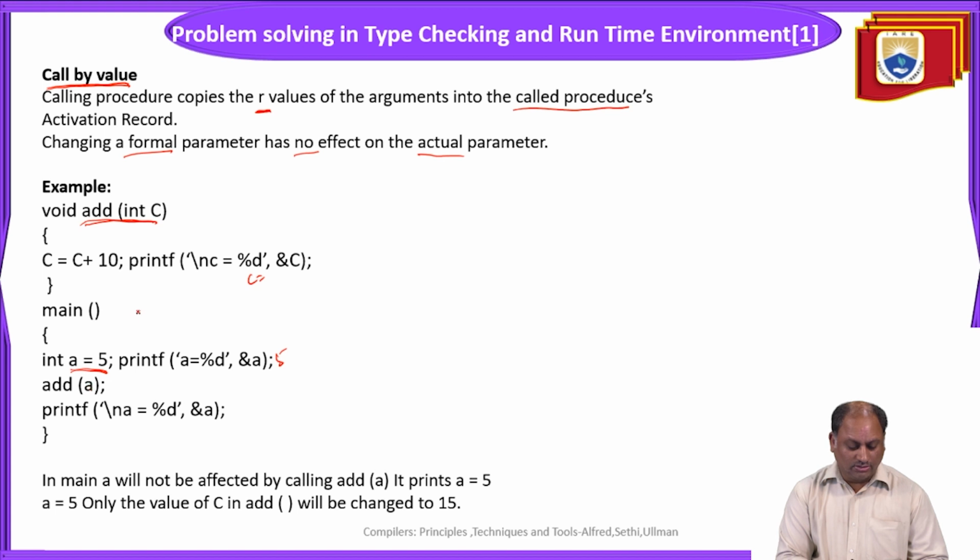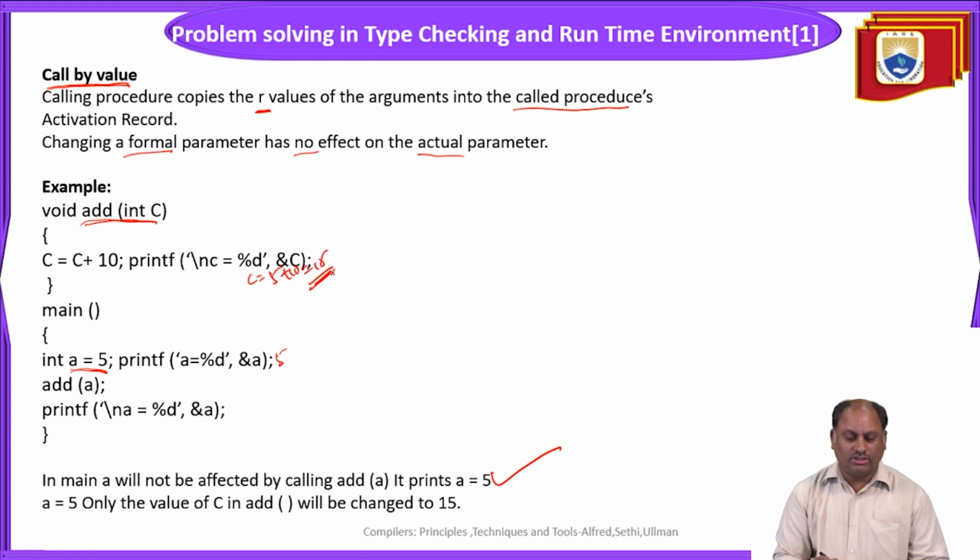Does it affect anything? It doesn't affect. Why? Because there is no effect on the actuals and formals, so it prints 5 only. Main will not be affected by calling add, and the value of c in add will be changed to 5 plus 10, that is 15.